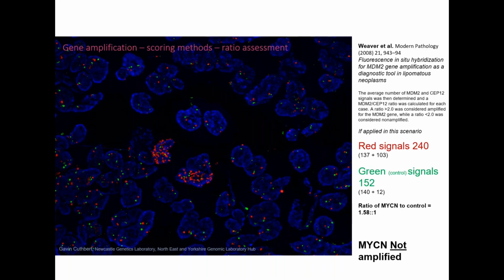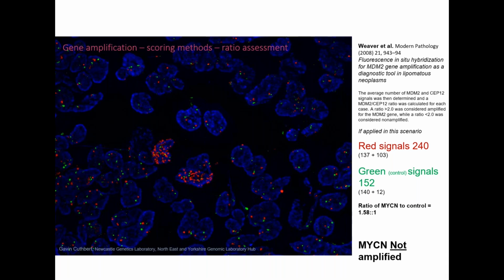If I was to employ the ratio method, so I've just used the Weaver one, which is from MDM2, but it's pretty much the same, of a ratio of 2. And the difference for me is that you lose your individual cell. You don't think about individual cells. You use the entire field or collection of cells.